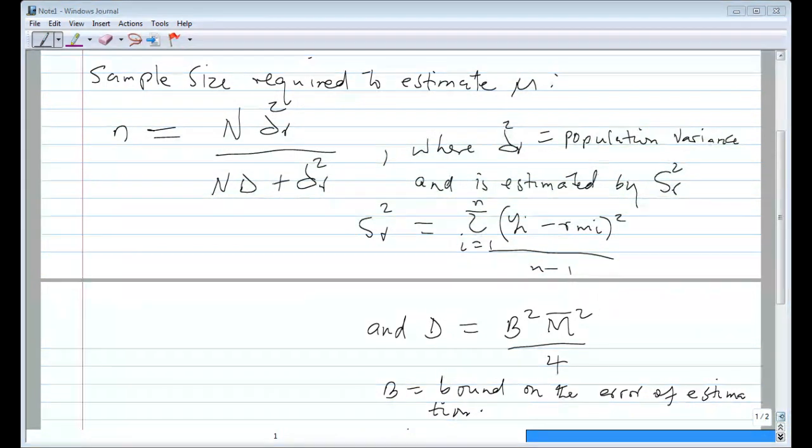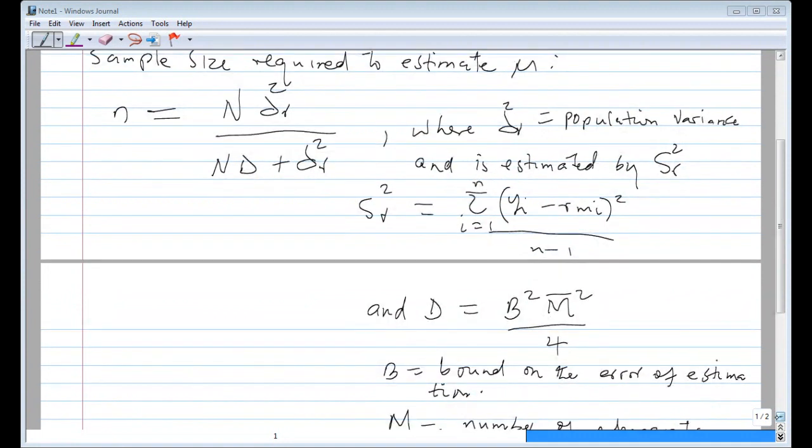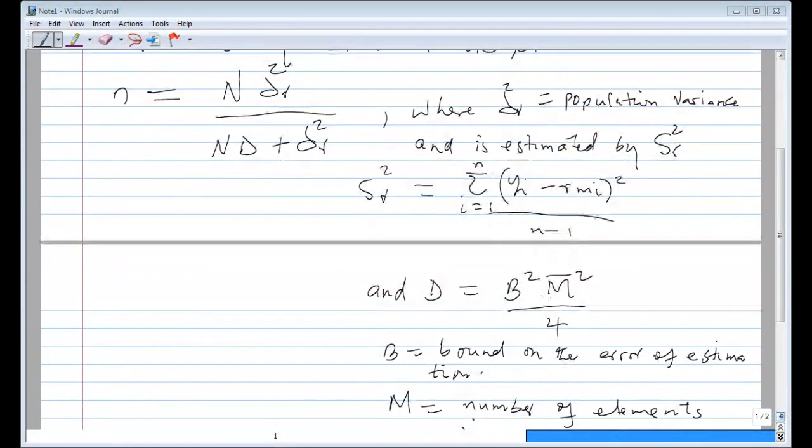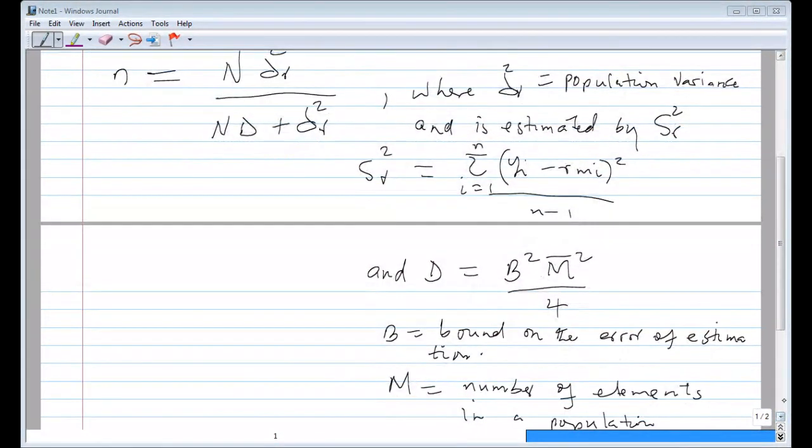And D is equal to B squared times capital letter M bar squared over 4, where B is a bound on the error of estimation, capital letter M is the number of elements in a population, and capital letter N is the number of clusters in a population. Are we together?